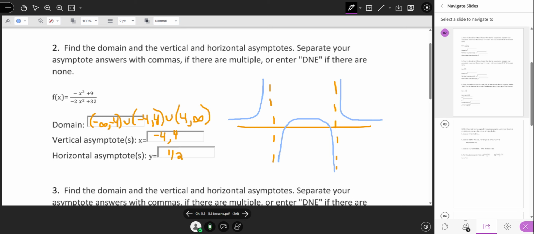So there were 3 unique pieces. Therefore, I have to have 3 intervals. And these cutoffs at -4 and +4 are the cutoffs in the middle, right here.